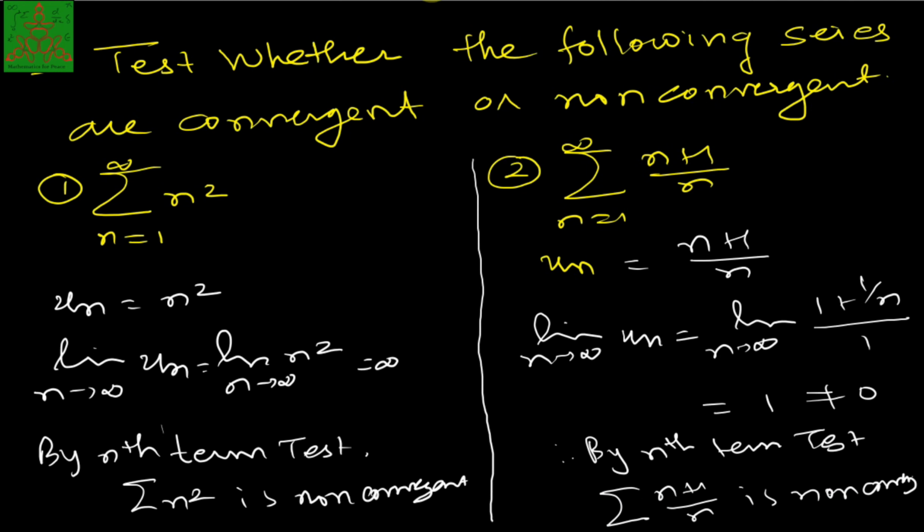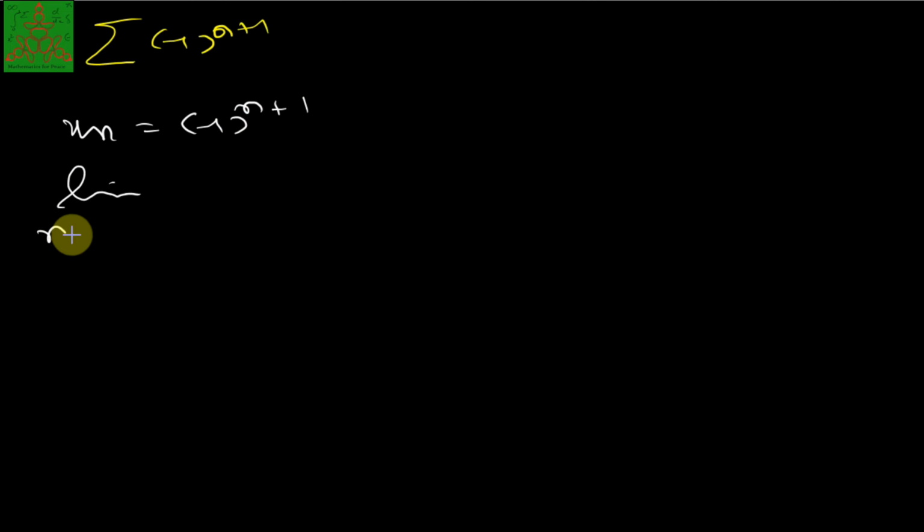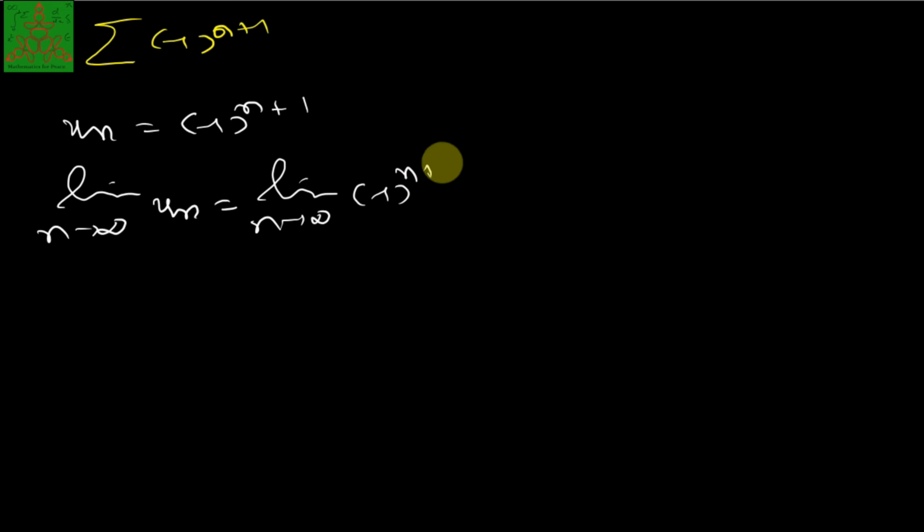Let's have another example, summation of minus 1 raised to n plus 1. Here the nth term is minus 1 raised to n plus 1, and the limit of un fluctuates between two values, so I can say it does not exist.